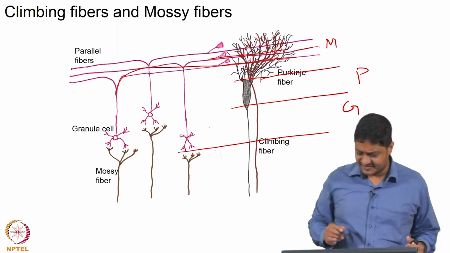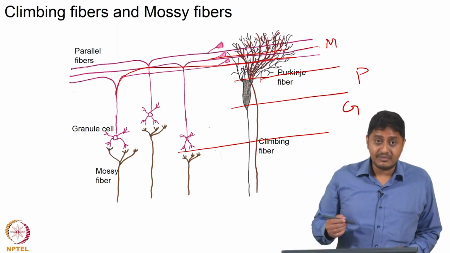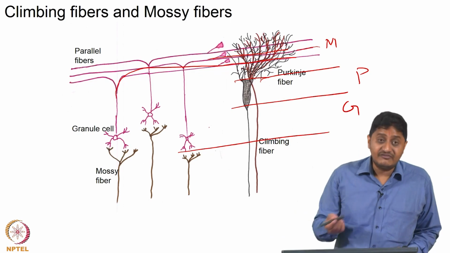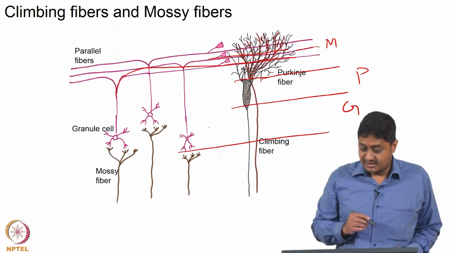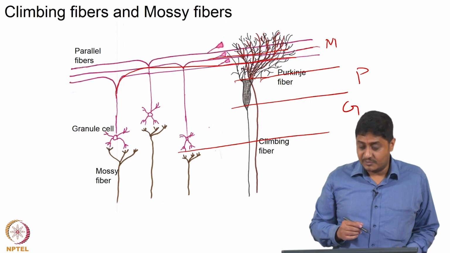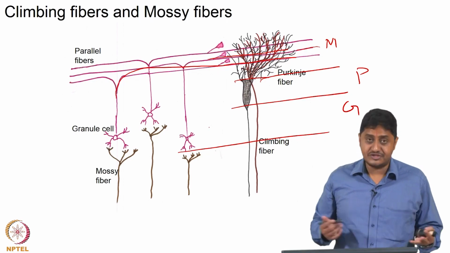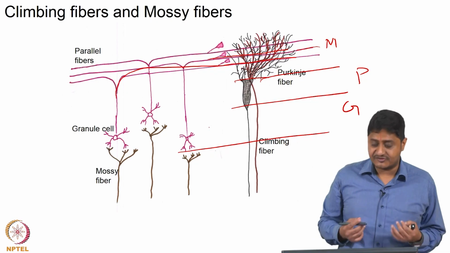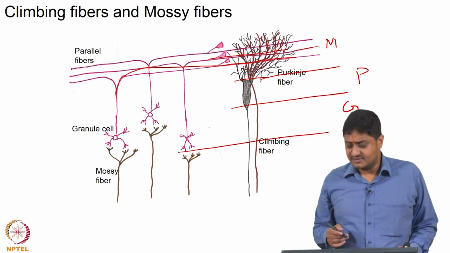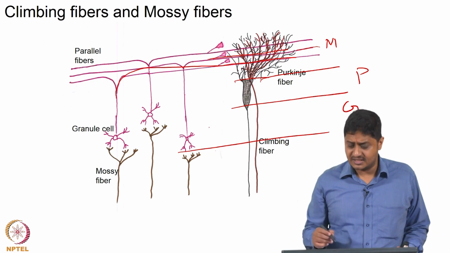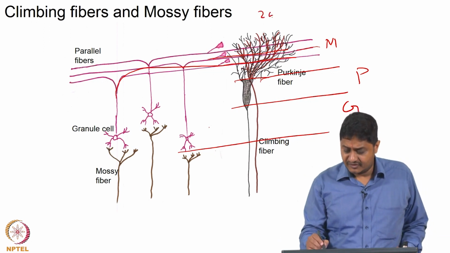This we discussed in the previous class. Because of this, the parallel fibers are able to innervate a number of Purkinje cells, and each Purkinje cell receives input from a whole bunch of parallel fibers, hundreds of thousands of them. The number of dendritic spines in Purkinje cells can be as high as 250,000, right? Relatively large numbers.